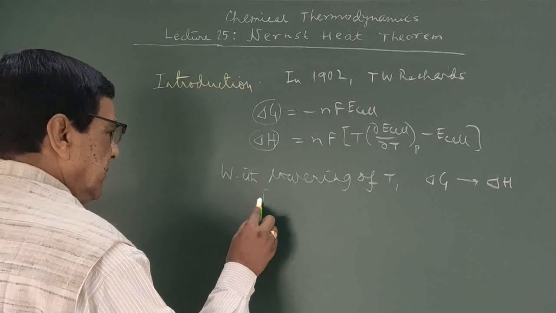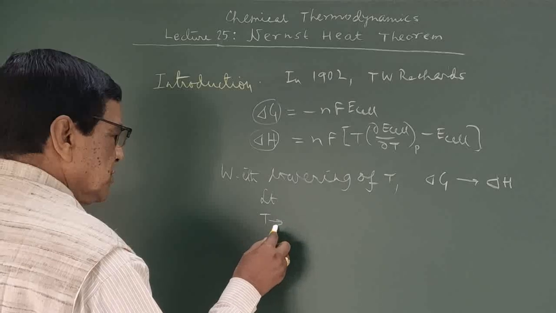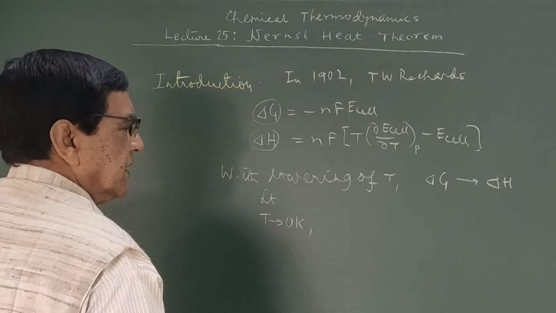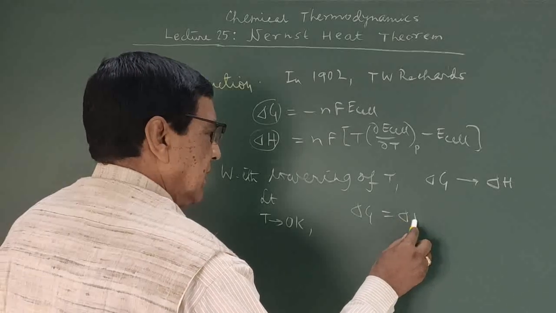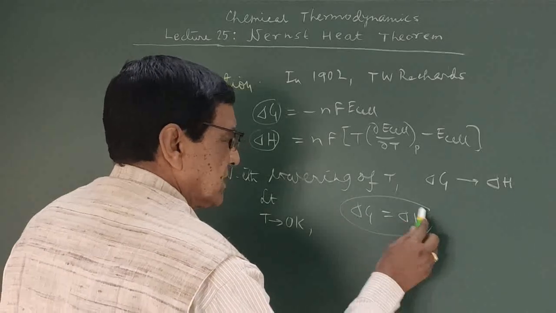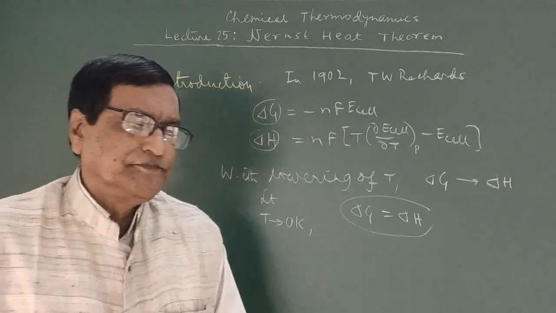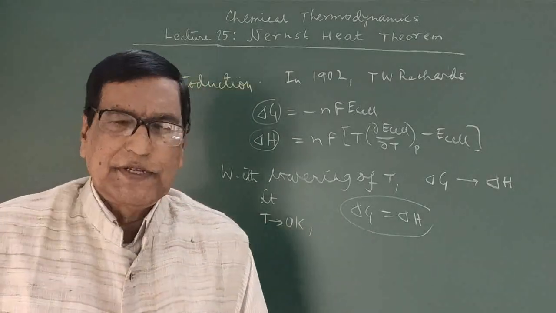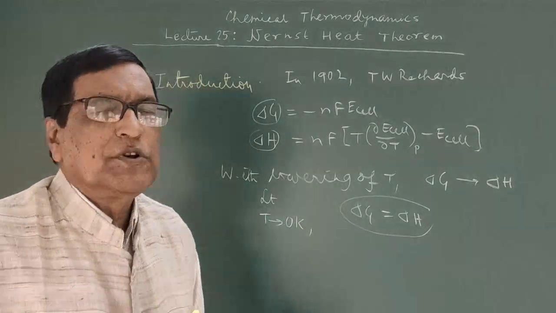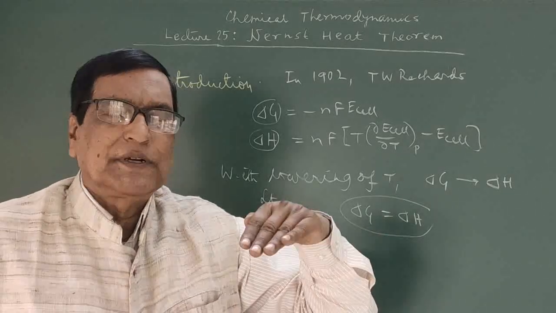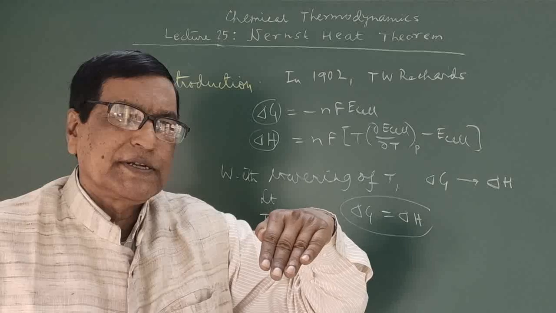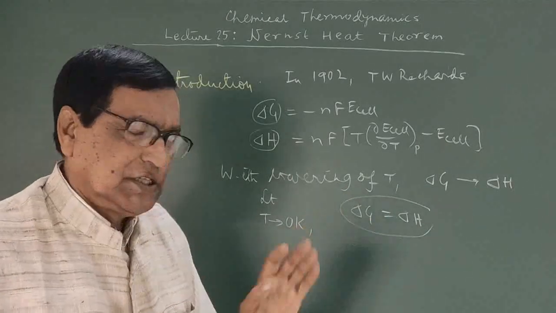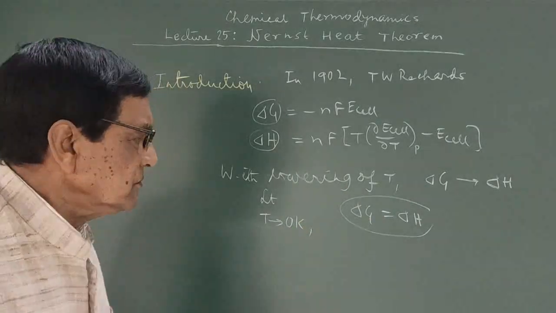When at the limit T tends to 0 Kelvin, he found that delta G equals delta H. These two properties were found to be equal whenever the temperature is very near to 0 Kelvin and some temperatures above this 0 Kelvin temperature.